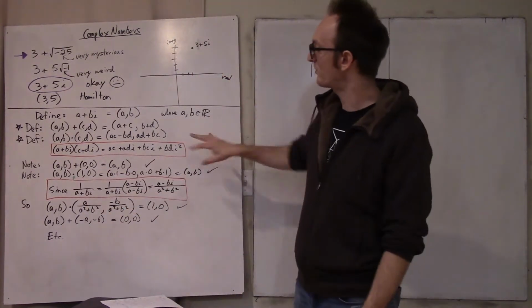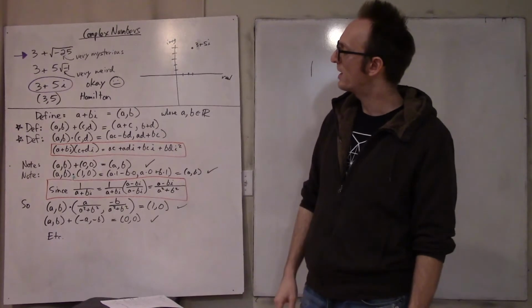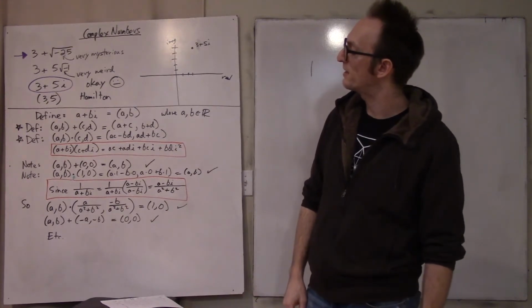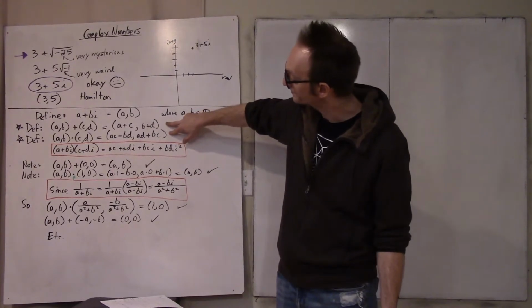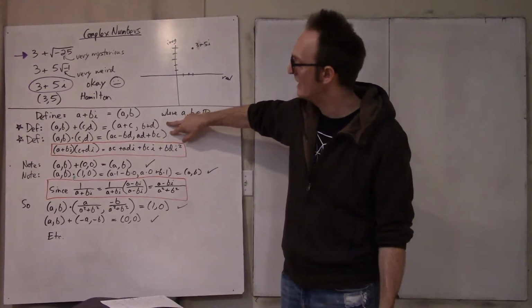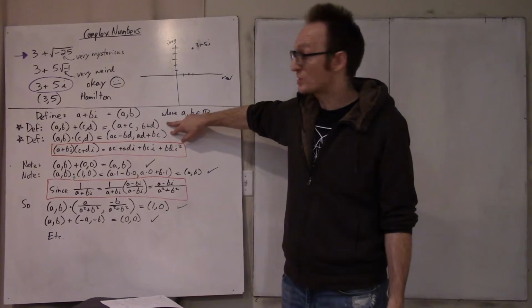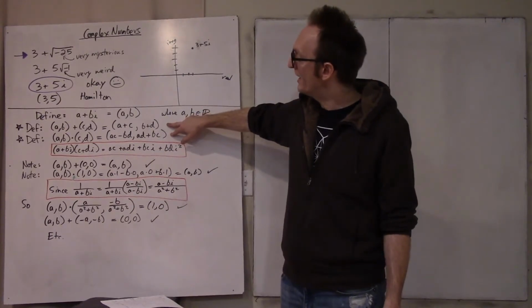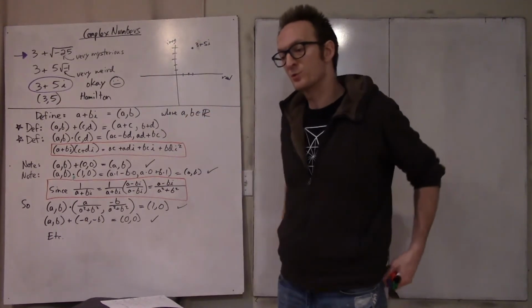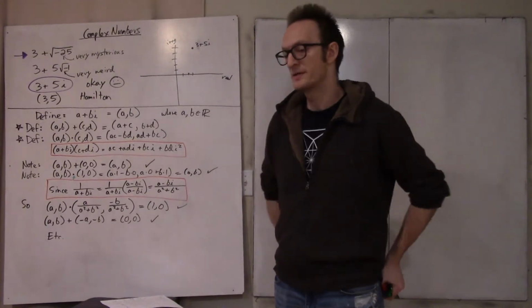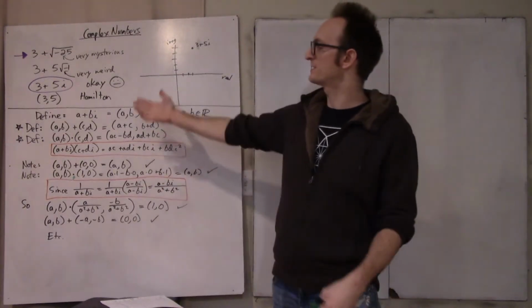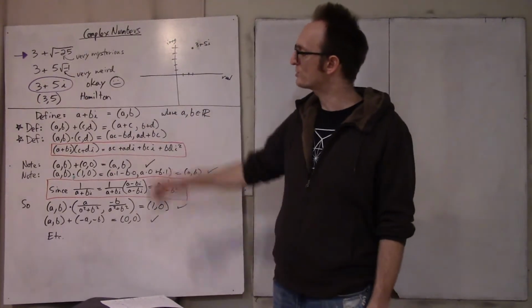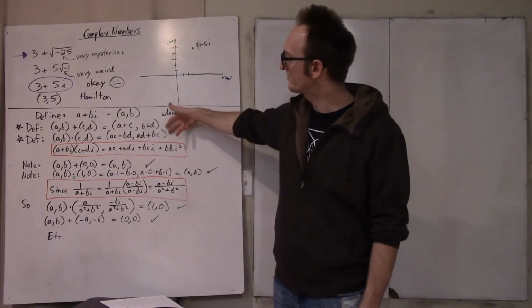And what were we screwing around with here? What we were screwing around with was the proof that if you adopt these two definitions of addition and multiplication, then you can follow all these rules, and the rules all tell you that the complex numbers form a field. They're closed under addition, closed under multiplication, as we've seen here.